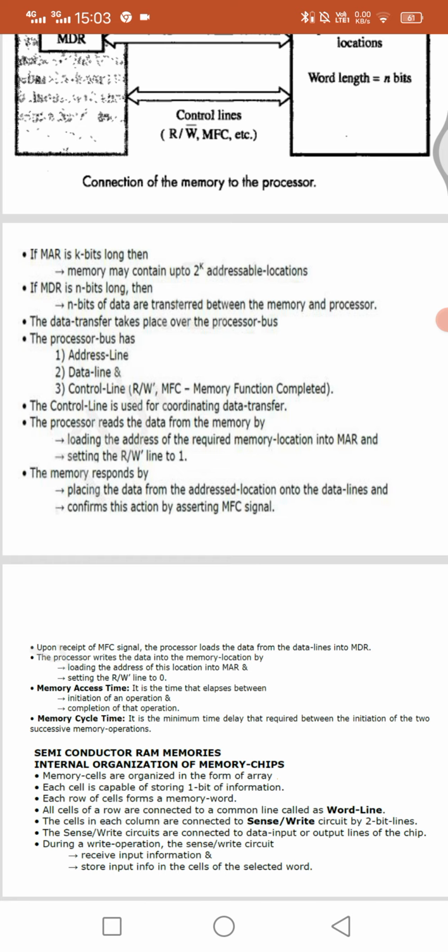If MAR is k bits long, then the memory may contain up to 2 power k addressable locations. If MDR is n bits long, then n bits of data are transferred between memory and processor.